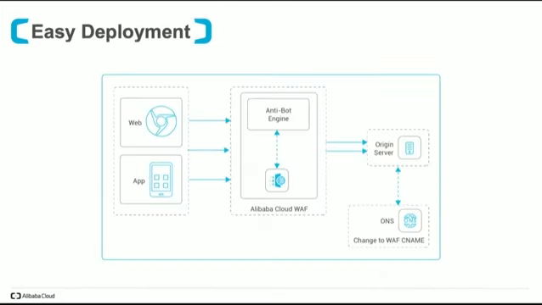This is the architecture, sort of a high-level architecture of the WAF deployment. From the left-hand side, you can see there is the web traffic, so someone using a browser to try to access your website or mobile app. And then you also can get customers using iOS or Android trying to access your product.